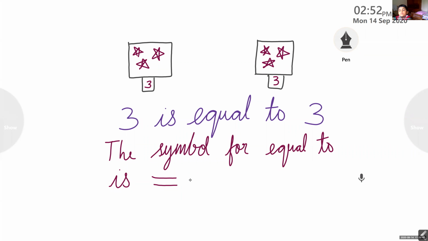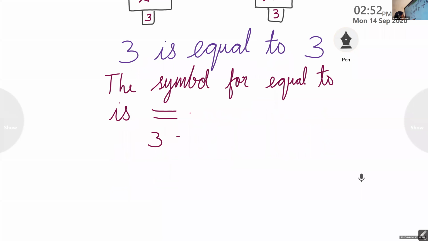Very good. Then we can write using symbols the sentence 3 equal to 3. Okay, I will show you.